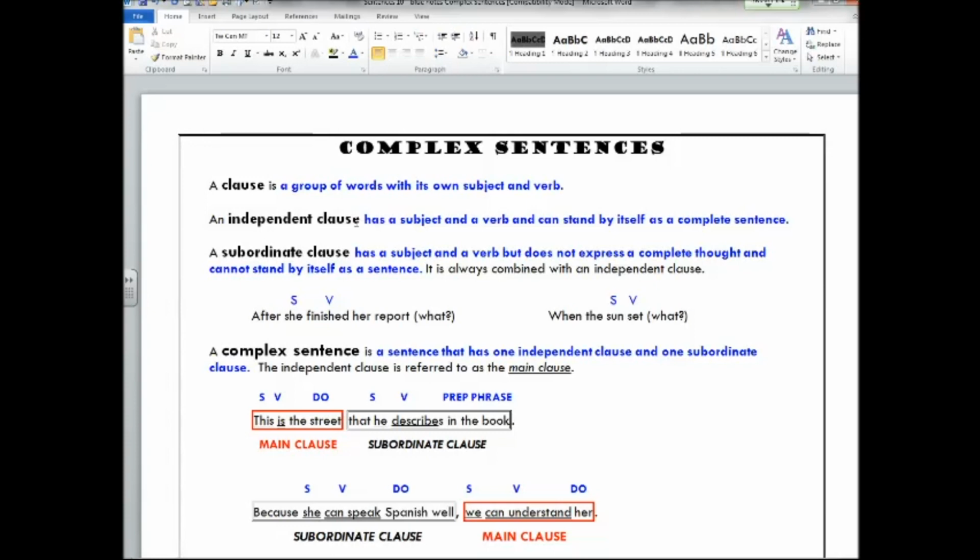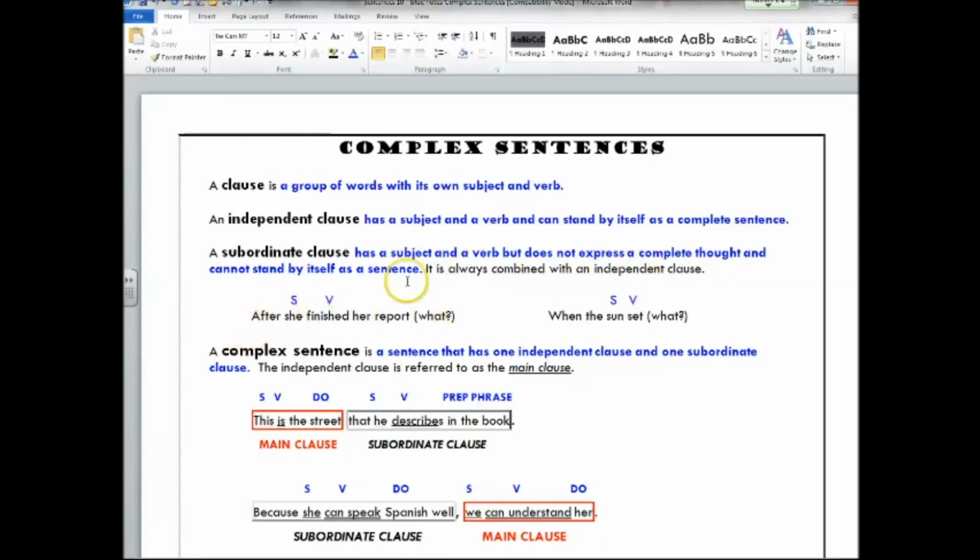There is another type of clause. It's called a subordinate clause, and it also has a subject and verb, but it does not express a complete thought, and it cannot stand by itself. It always is combined with an independent clause, and when they're by themselves, it's a fragment.